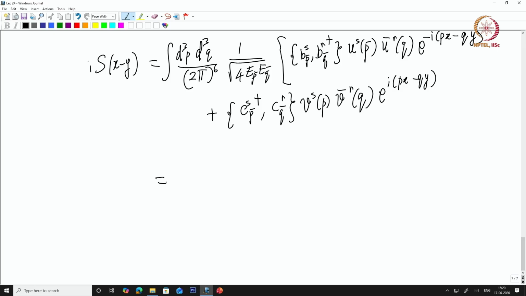Okay, and then you will have one integral. Essentially, this will end up being the integral d cube p over 2 pi cube, 1 by 2 E p, and then you also have to use the outer products of the spinors essentially. So you also impose these b b bar anti-commutators, and then using outer products of the spinors, which we know are p slash plus m and p slash minus m.